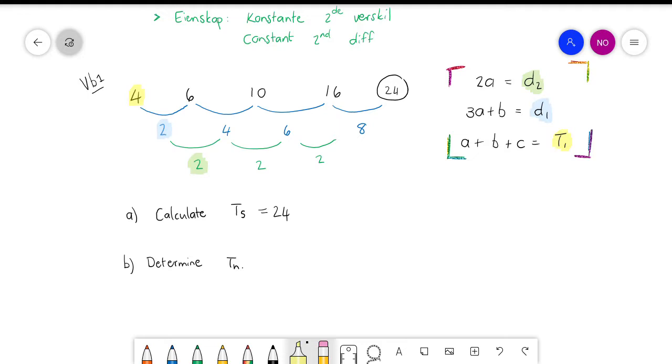Onthou julle dit? Daai D2 is mos vir die konstante tweede verskil. D1 means the first term in my first differences. And T1 is literally the first term of the sequence. So ek gee gou vir julle 'n paar sekondes om daai ene op julle eie te probeer instel en uitfigure.